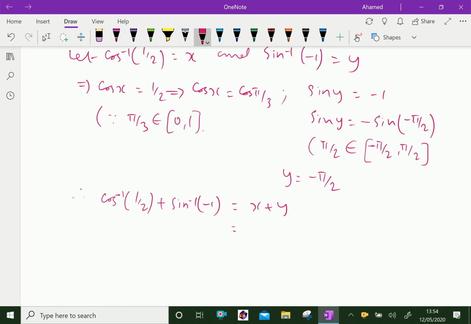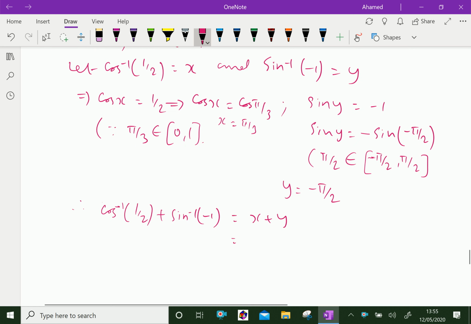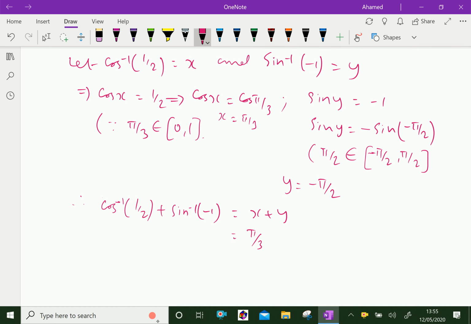Here we got x value is pi by 3, x equal to pi by 3, so x plus y equal pi by 3 minus pi by 2, LCM is 6, 2 pi minus 3 pi by 6, which is equal minus pi by 6.